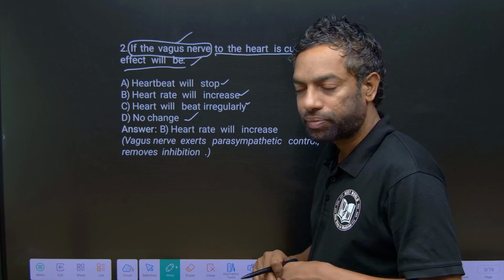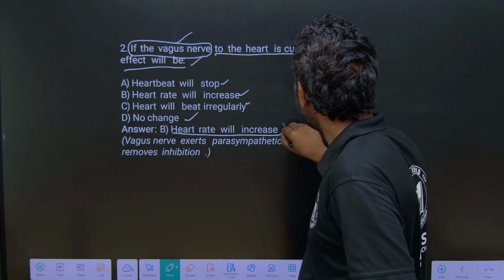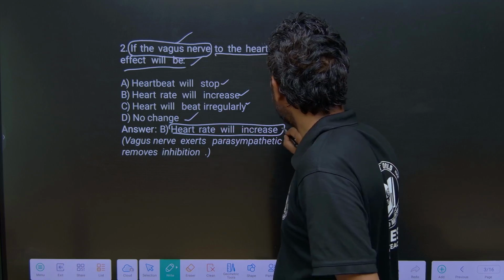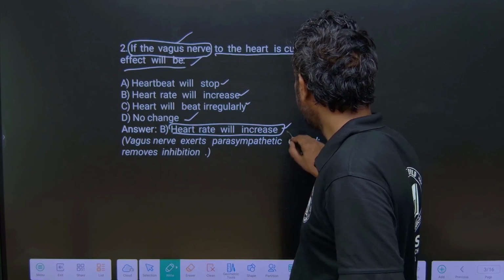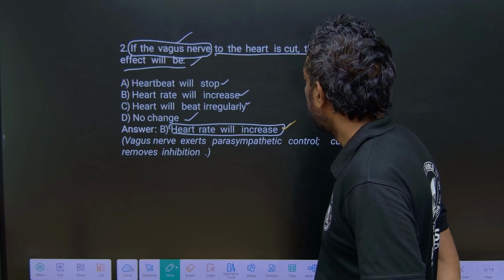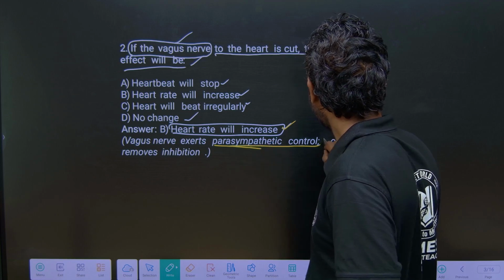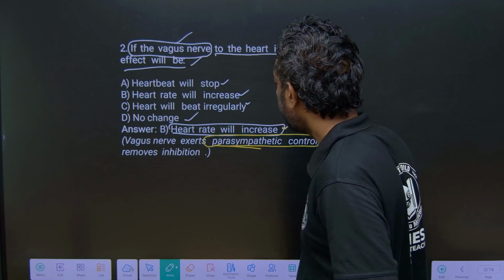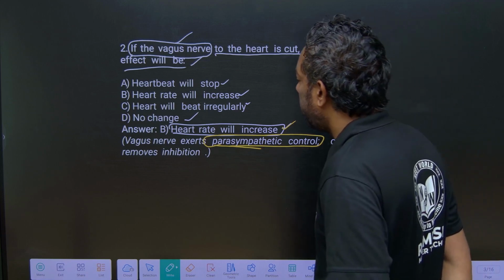Option B, heart rate will increase, this is the answer. The vagus nerve exerts parasympathetic control, and cutting it removes inhibition.